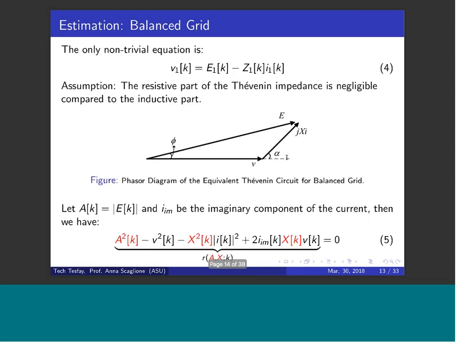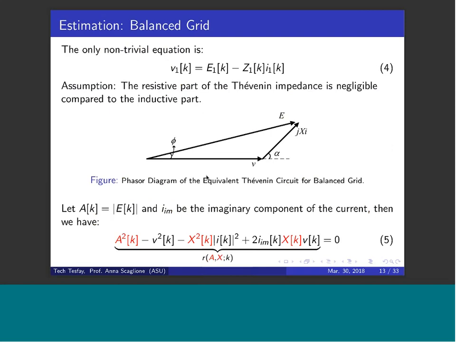Whereas for the unbalanced case, it's more complicated, because the zero sequence and the negative sequence are trivial equations. So the only non-trivial equation we'll have is the positive sequence, and we have two unknowns in the positive sequence. Therefore, we are not able to compute the values of the Thevenin voltage and impedance.